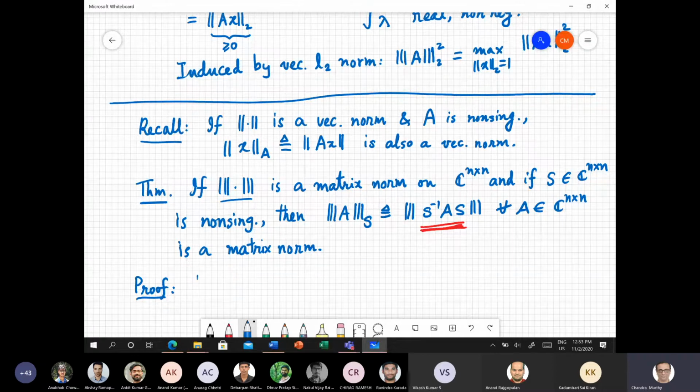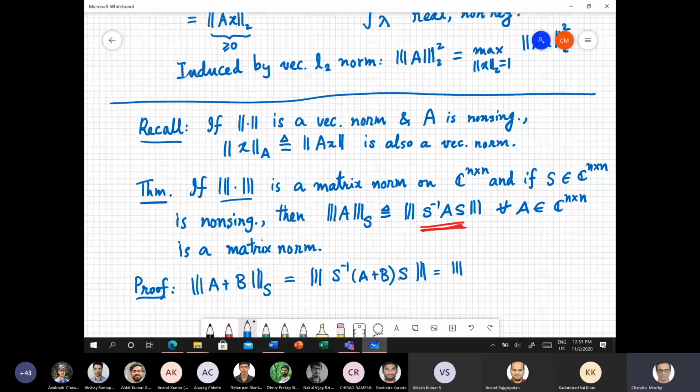For example, just to make my point, if you take A plus B and look at the S norm, this is equal to the matrix norm of S inverse (A plus B) S, which is equal to the matrix norm of, I can take this S and S inverse inside the brackets, S inverse AS plus S inverse BS.